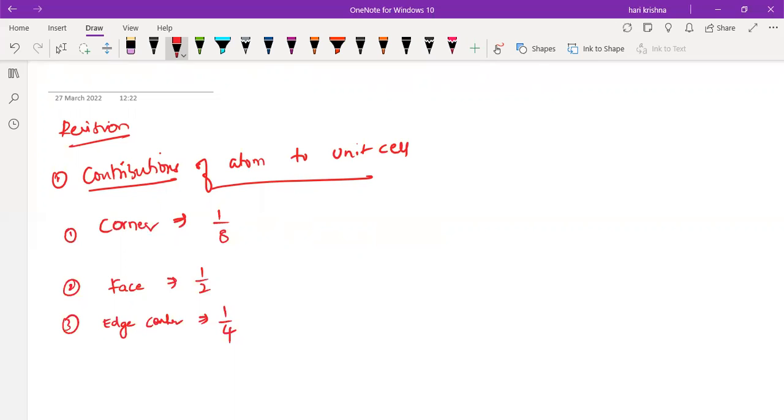Next, if the atom is at the body center, the contribution will be completely 1 atom belonging to the complete cell. This is the contribution part, which is very important.